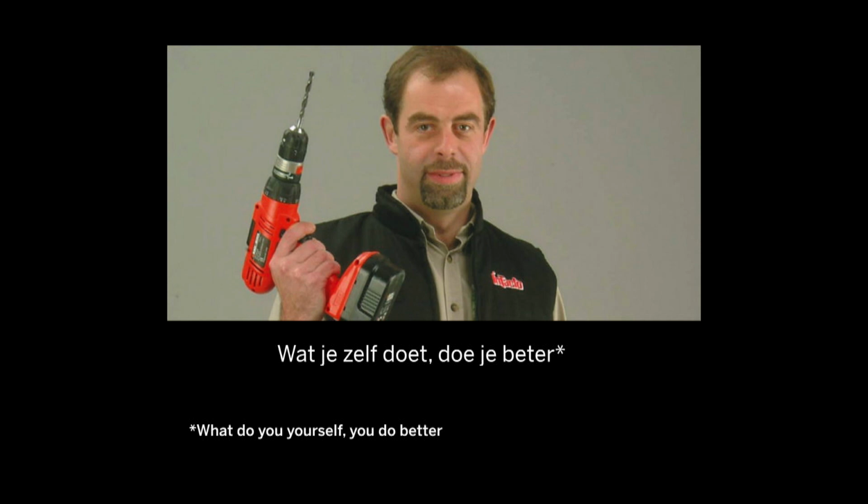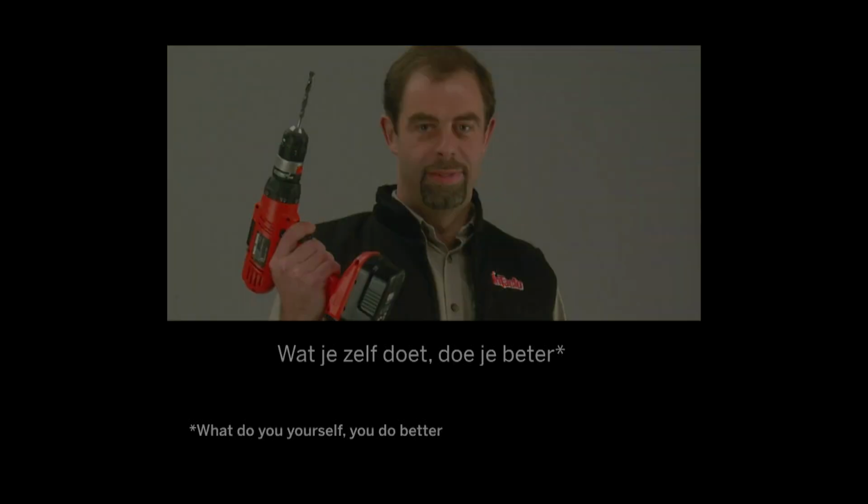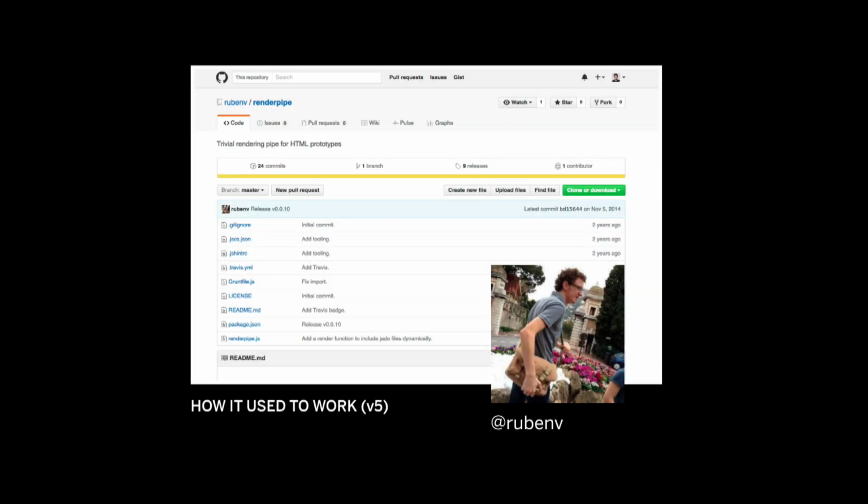I think this is not exclusive to Belgium, the idea that you think you can do it better. So my colleague Ruben coded his own static site generator, and it was actually an improvement. It really worked well until I hit another wall, and it would take 20 seconds again to load my prototype.